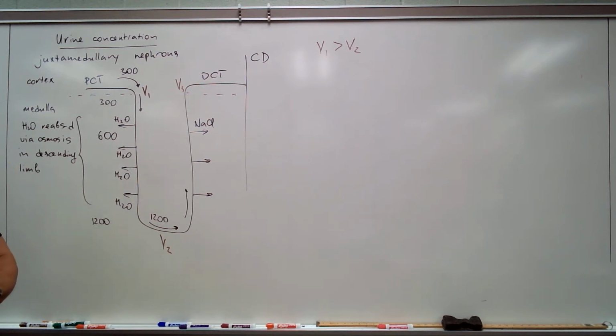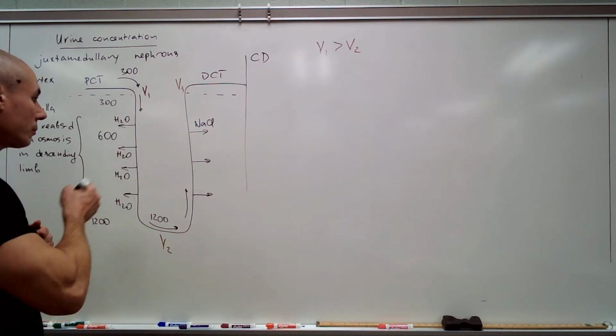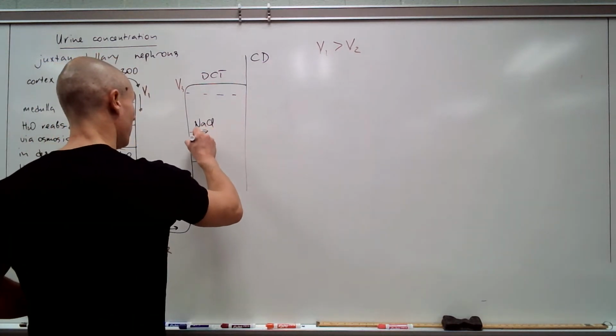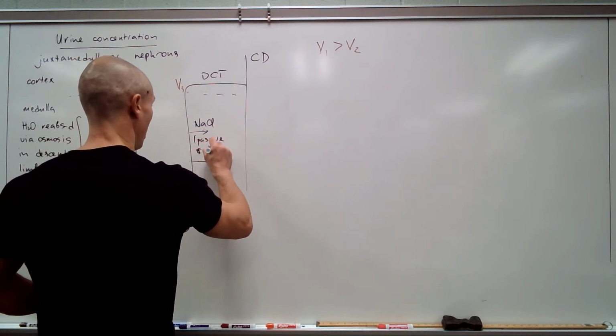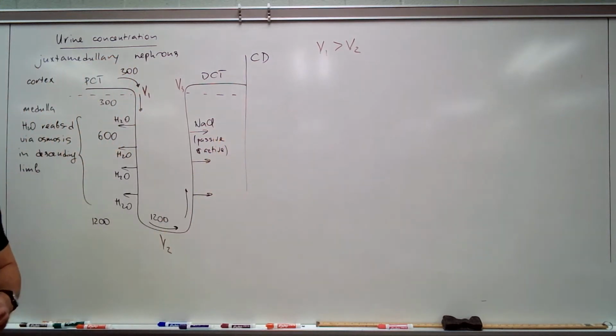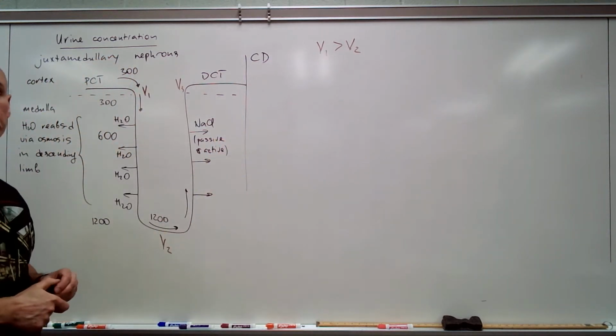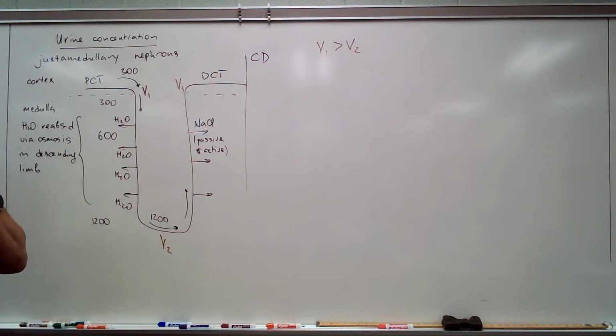Okay? Now, always sodium chloride, or it depends? Mostly. There is some urea. We'll get to the urea a little bit later. So it's always sodium chloride, that's in the filtrate. Yeah, sodium chloride is the primary thing here. And for sodium, it's going to be both passive and active. So there is diffusion and there's active transport. Does that make sense?